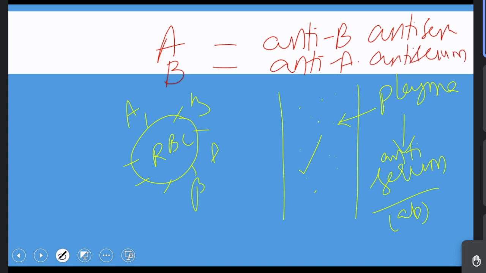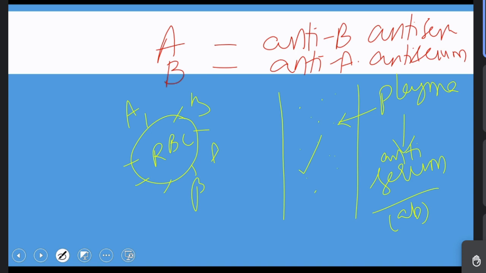So what is the difference between plasma and serum? Plasma is all the fluid that is present in the blood vessel except the blood cells: RBC, WBC and platelets. Then what is serum? When we have an injury, some amount of blood comes out, and after 3 to 5 minutes it clots.